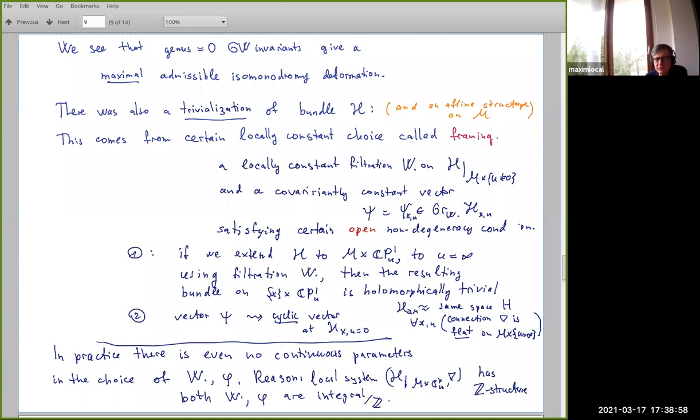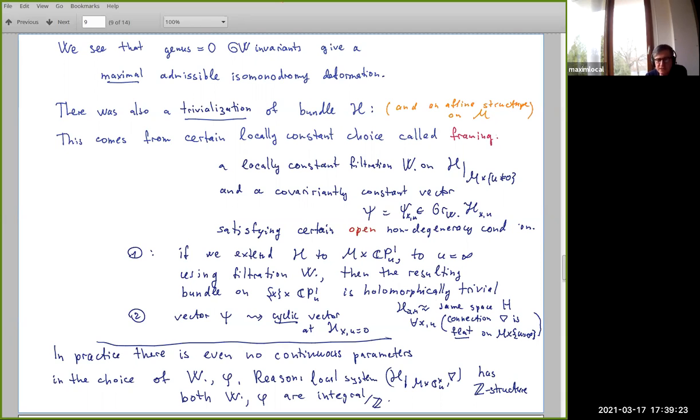It's a locally constant filtration on my bundle when I remove 0, when I get an actual flat connection, and also a covariantly constant vector in the associated graded local system. In real life it's in a certain degree, and it satisfies a certain open non-degeneracy condition.